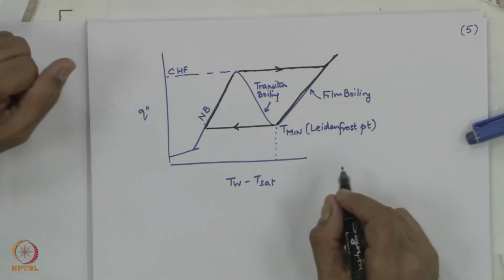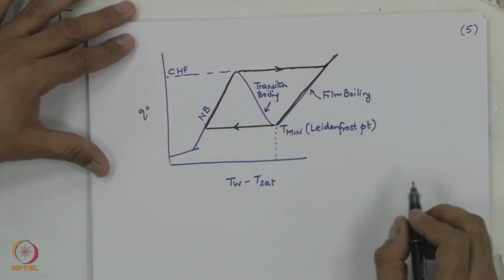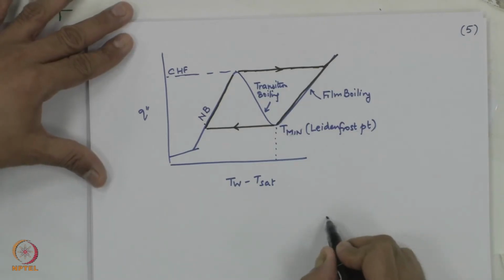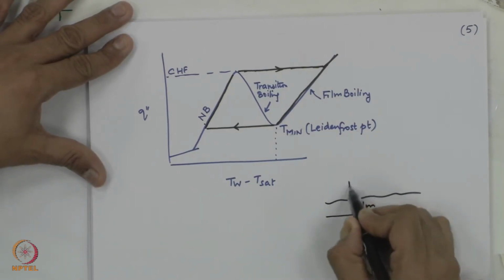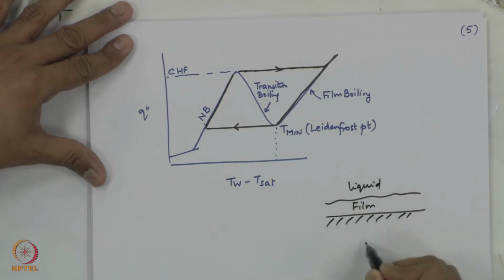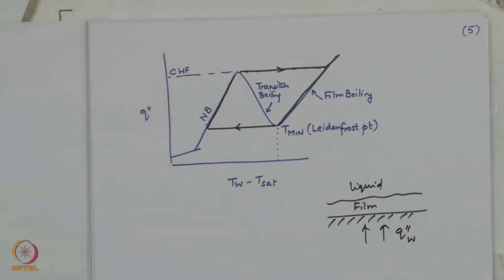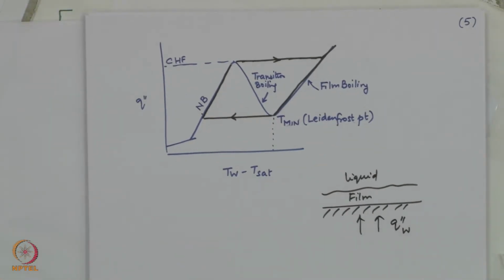What is film boiling? Film boiling is a broad term where you are talking about a case where a film of vapor is surrounding the heated surface. So, this is the heated surface. This could be a wire or a plate or a pan, whatever it may be. You have a heated surface which is completely enveloped by a film.